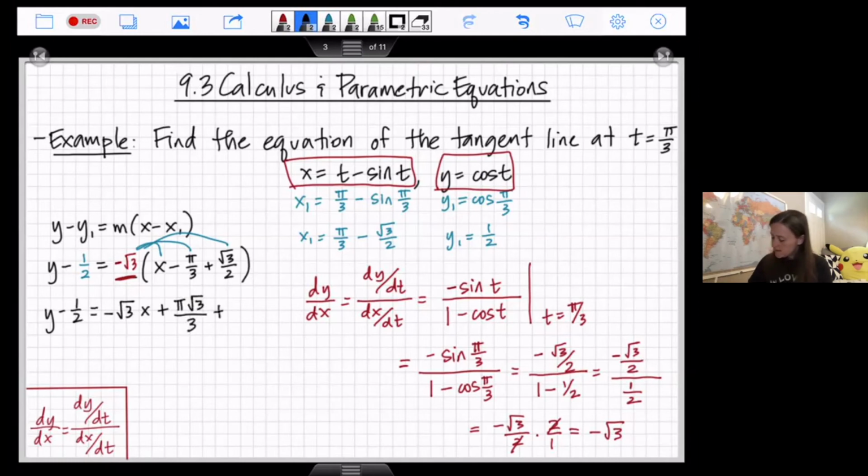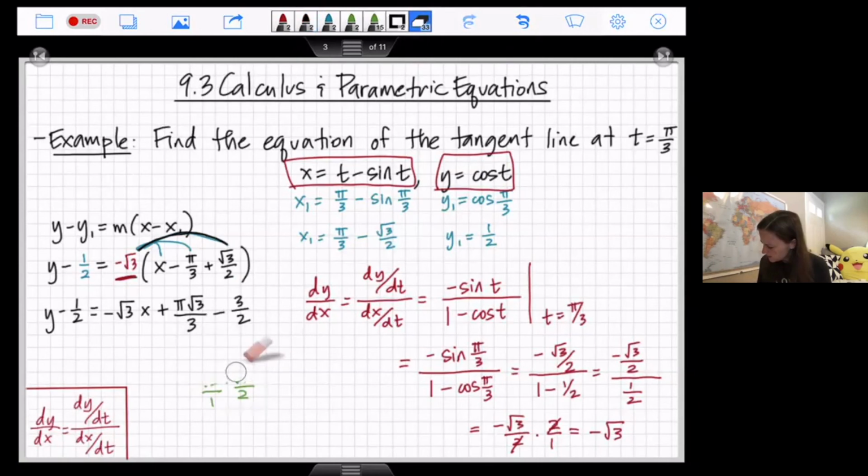And then the last one: negative root 3 times root 3 over 2. Root 3 times root 3 is root 3 squared, which is just 3. So you get negative 3 over 2 when you distribute.